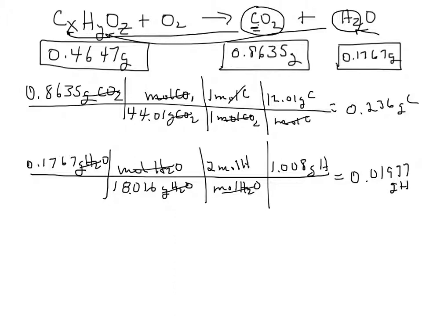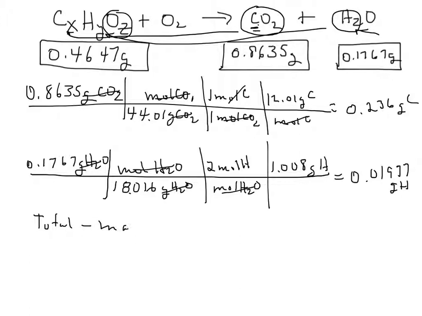Our next step is to find out how much oxygen we have here. Sometimes you can do this by inspection, but you can't do that here. It's too complicated to actually look at this problem and do that. But we do know that if we knew the total amount of product we had, it contains only carbon, hydrogen, and oxygen.